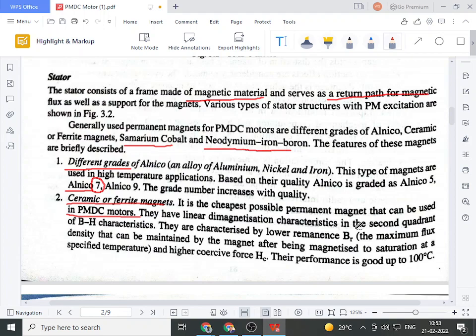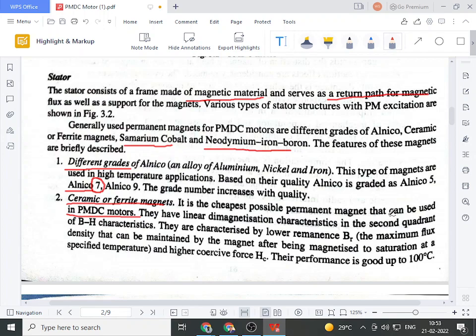On the y axis there is B, and on the x axis there is H. Second quadrant means a positive value of B and a negative value of H. B is the flux density, and H is the magnetic field intensity, also known as field strength. So permanent magnets always work in the second quadrant of a BH curve.